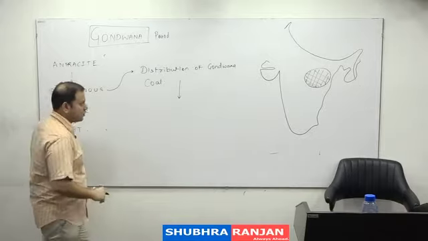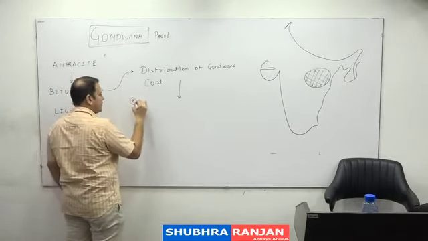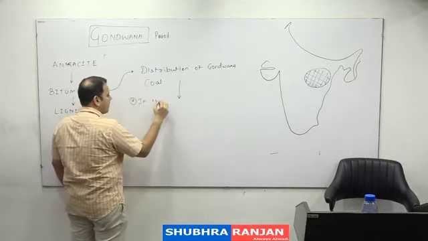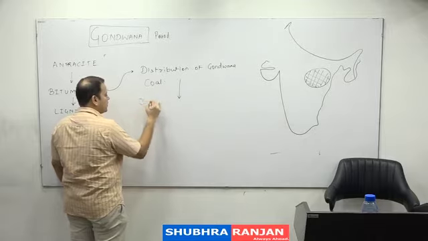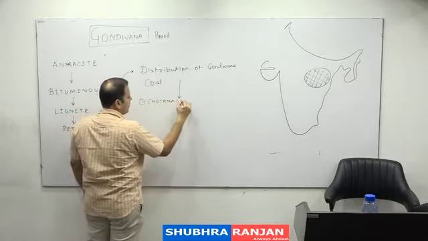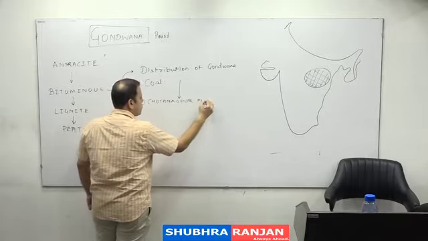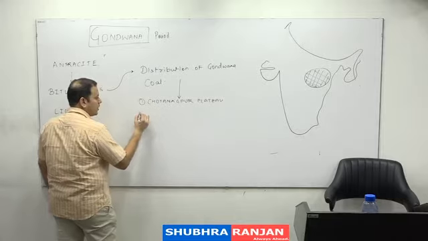So the distribution of Gondwana coal: first is the Chota Nagpur plateau. And where in the Chota Nagpur plateau?